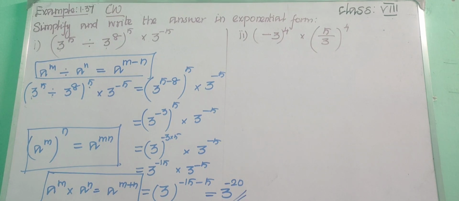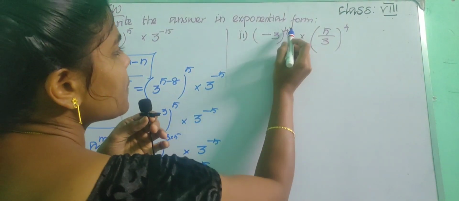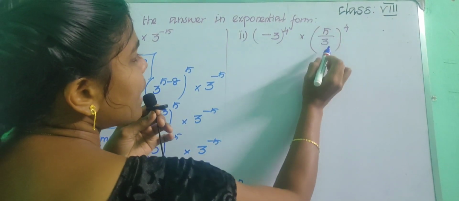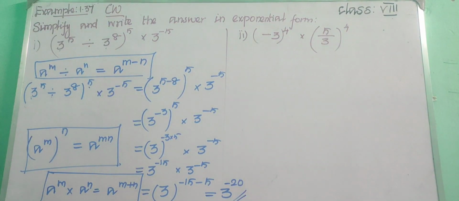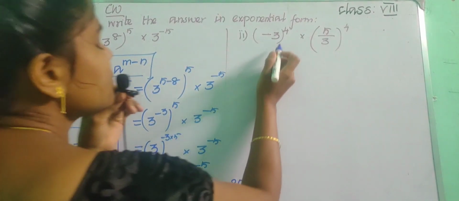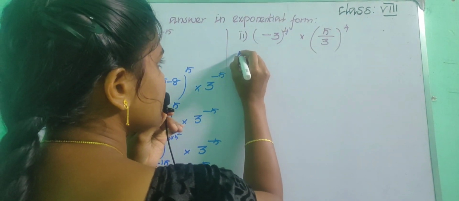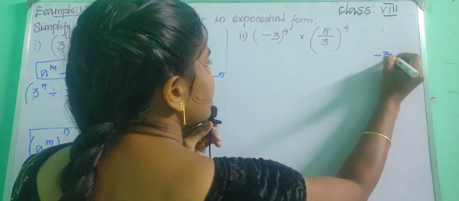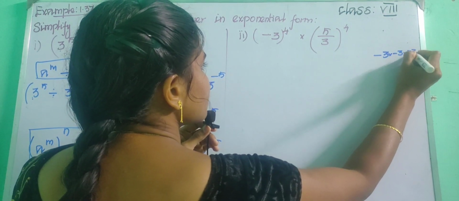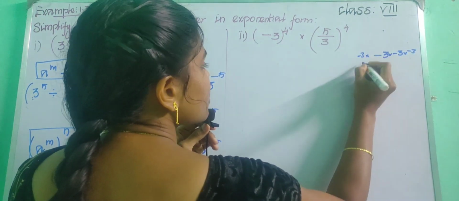Okay, let us do the second one. See, minus 3 power 4 into 5 by 3 the whole power 4. So now what can we do? See, children, we have an even number as the power, right? If you multiply minus 3 into minus 3 into minus 3 into minus 3, what will you get?